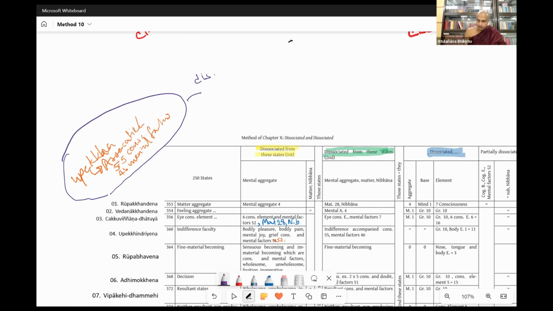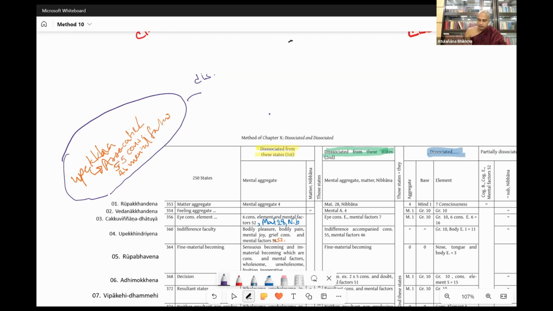Other types of feeling, which Sayadaw has included here as the bodily pleasure, bodily pain, mental joy, and grief consciousness in this way, right? So this consciousness, which is the upekha vedana, is disassociated with the other chittas and the mental factors, the whole thing, right?